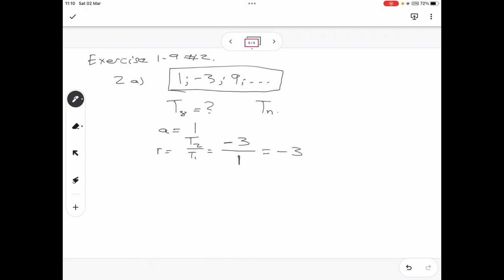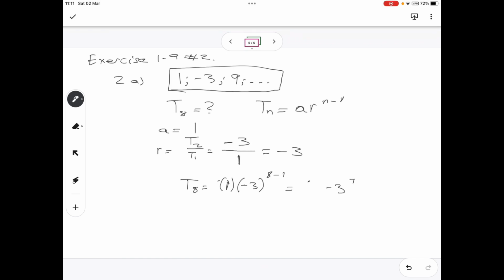So we've got our first term, we've got our constant ratio. Then if we use our general formula Tn equals a r to the power n minus 1, then our 8th term would be: a is 1, constant ratio is -3, raised to the power 8 minus 1.